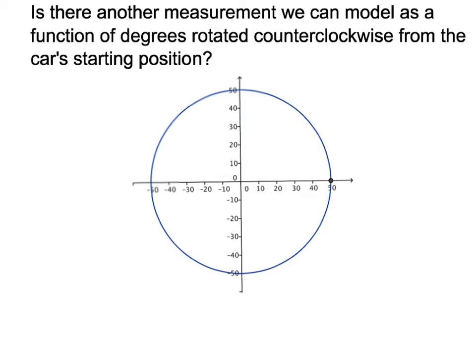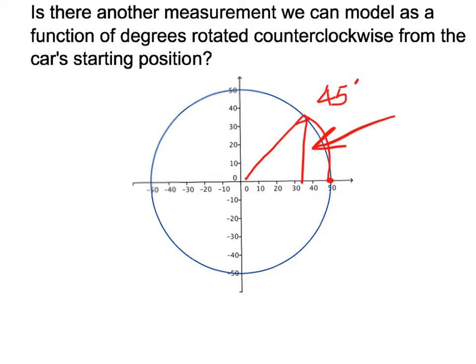Is there another measurement we can model as the function of degrees rotated counterclockwise from the car's starting position? Remember, we have done this so far. Last week, if we came up to here and made a triangle, we knew the degree measurements, let's say 45 degrees. We solved for this height.